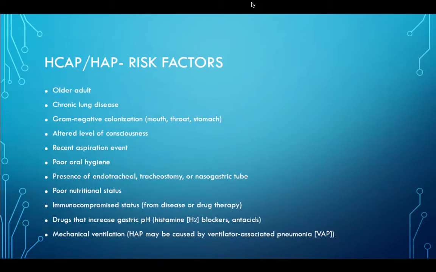Various risk factors: if you're an older adult, if you have chronic lung disease, if you have altered level of consciousness, if you recently aspirated, or you have poor oral hygiene, because that can cause colonization of the oral mucous membranes with a lot of respiratory pathogens, and that can be aspirated into the lungs.